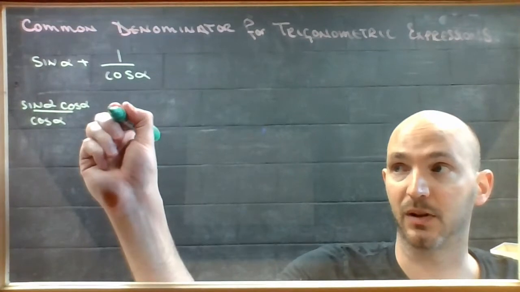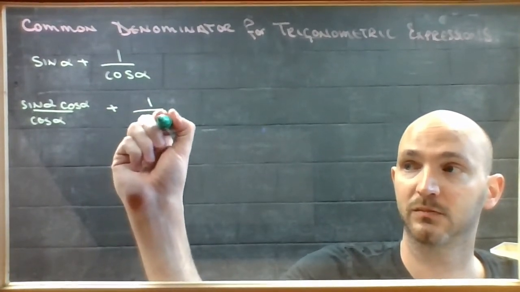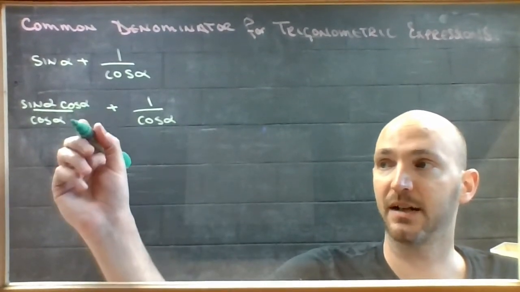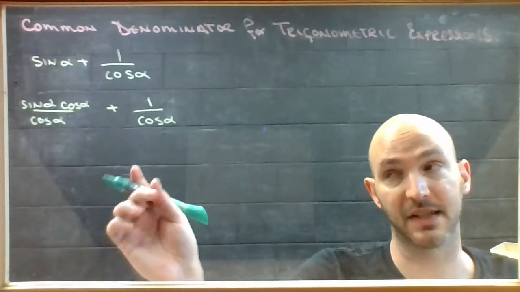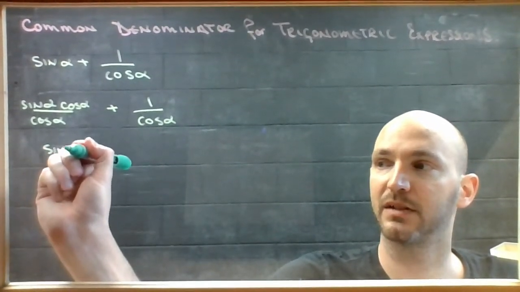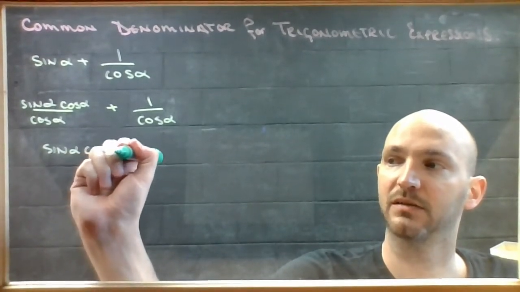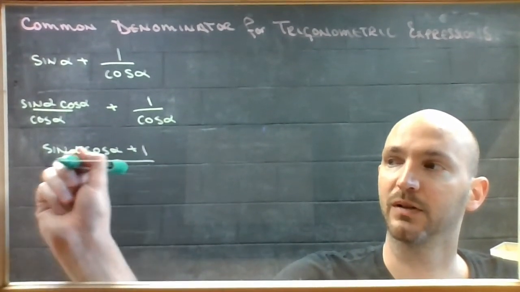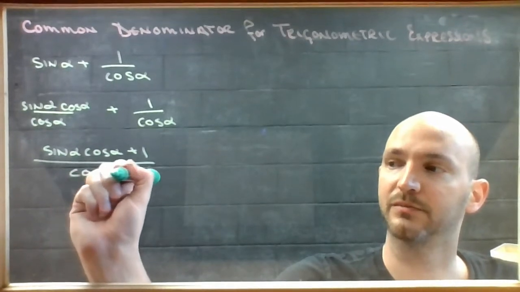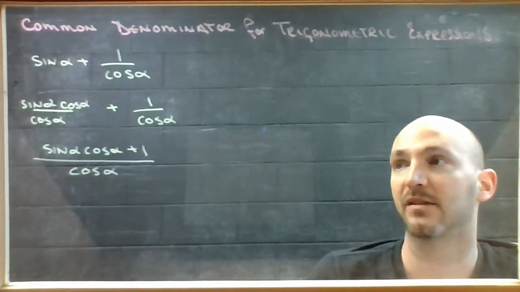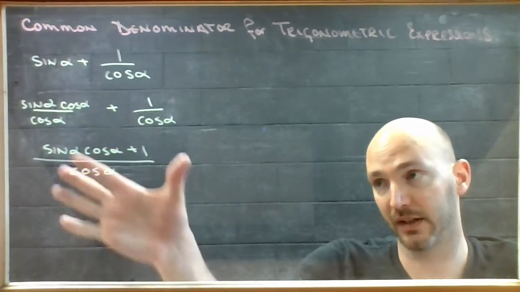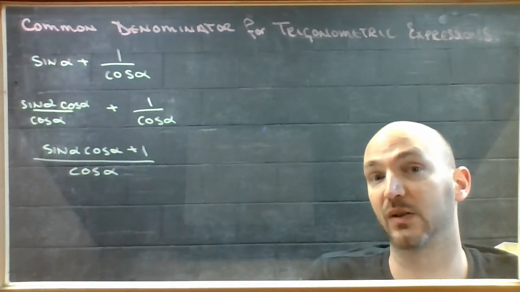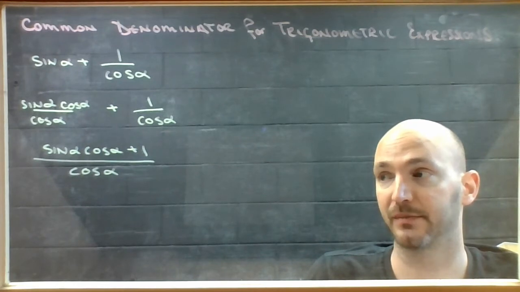I can leave this one alone. So I'd end up with two fractions with the same denominator. I can collapse them into a single fraction, and I get sine alpha cos alpha plus 1 over cos alpha. So even if a thing is not a fraction, you can still common denominator it in order to reduce it to a single fraction expression.